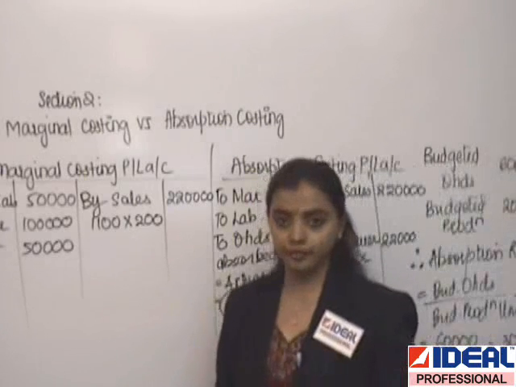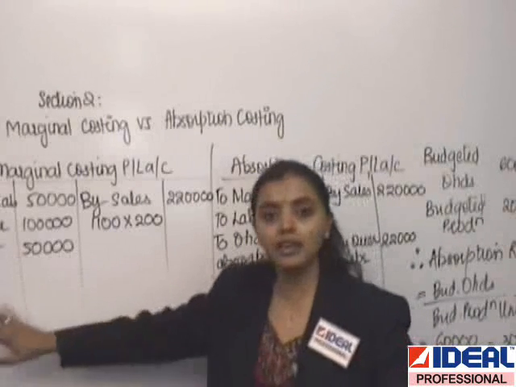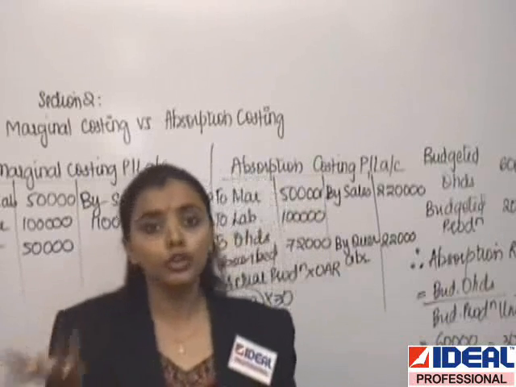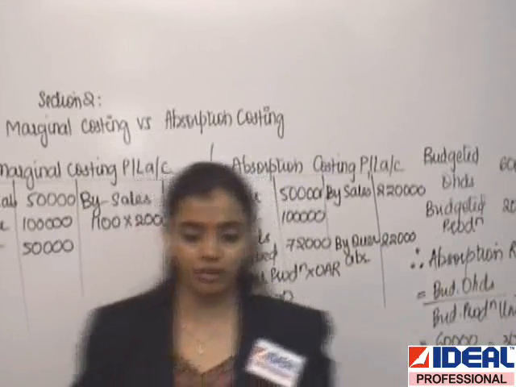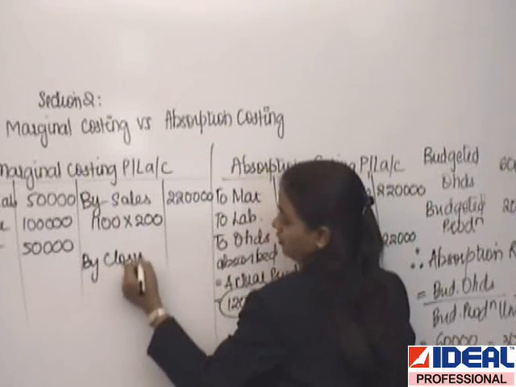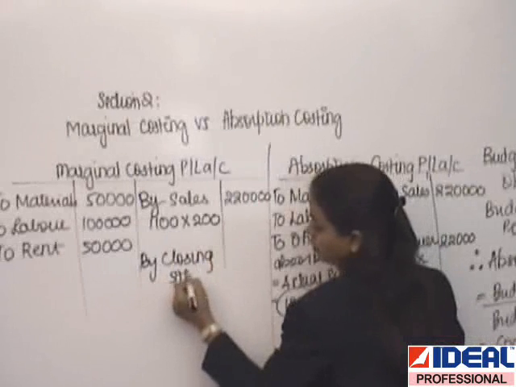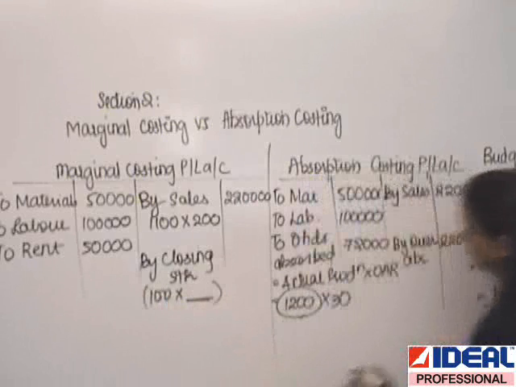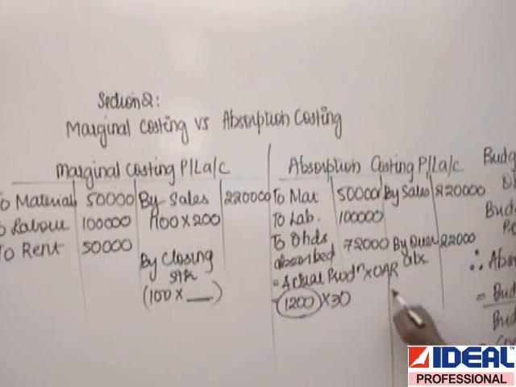What is remaining? हमने produce किए 1200 units और बेचे हैं 1100. You need to include your closing stock in the P&L statement. So दोनों ही जगह closing stock आएगा. Closing stock 100 units multiplied by its value. Over here, by closing stock 100 units multiplied by its value.